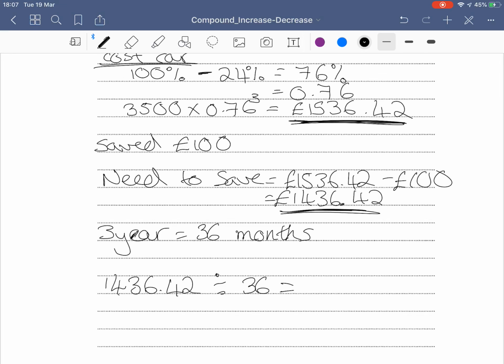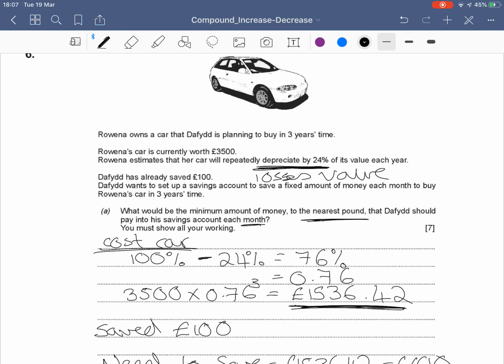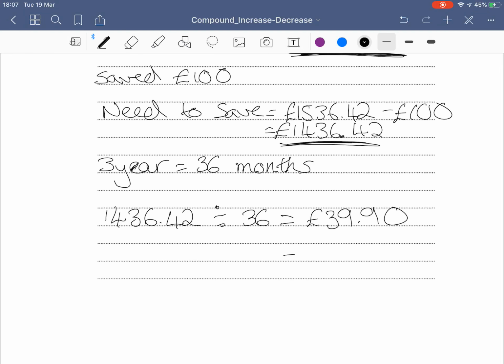If I do that on my calculator, I end up with £39.90. They did say they wanted it to the nearest pound, so I'm going to round that up to £40. So he needs to save £40 each month.